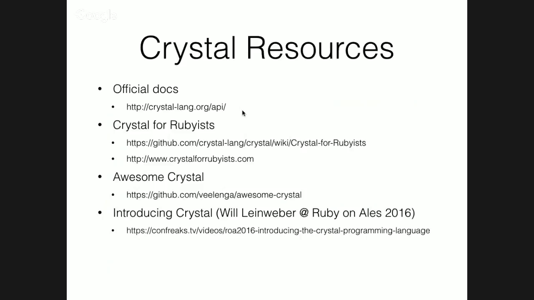There's a lot of great resources for Crystal too. I was at Ruby on Rails a couple months ago, and Will Weinweber gave an excellent talk about Crystal, really for Rubyists. There's more resources online that are specifically targeted at Ruby people, introducing them to Crystal and getting them interested in it.